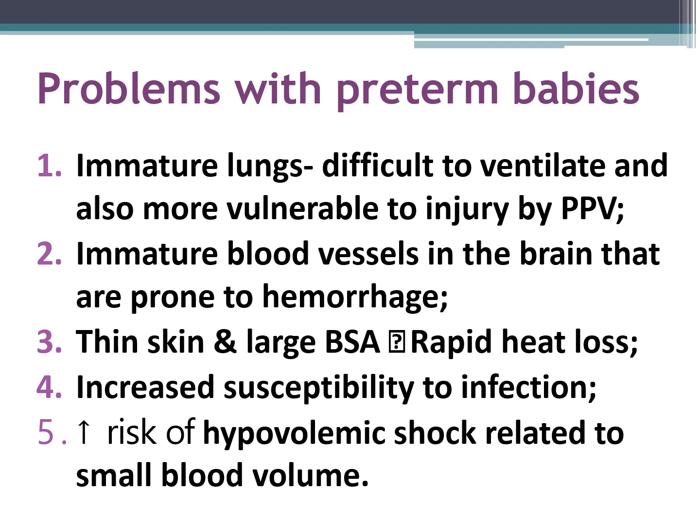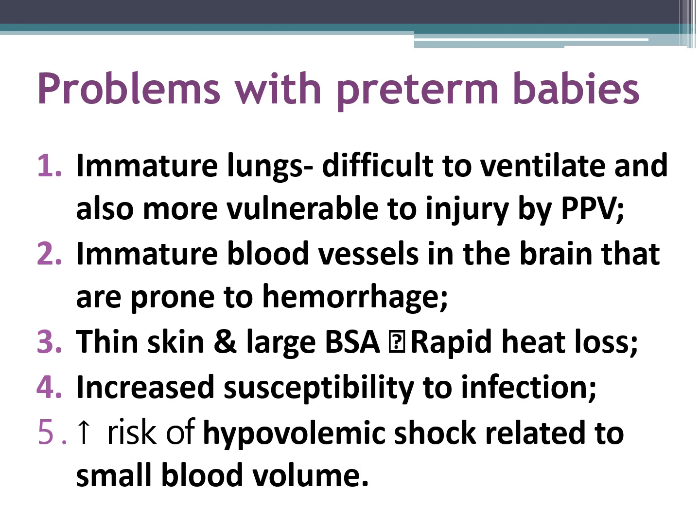Problems with preterm babies include immature lungs, which are difficult to ventilate, and even when you start positive pressure ventilation there is a chance of injury because of the immature lung. Their blood vessels are also immature and not fully developed, so there is a chance of hemorrhage, including cerebral hemorrhage and brain damage.